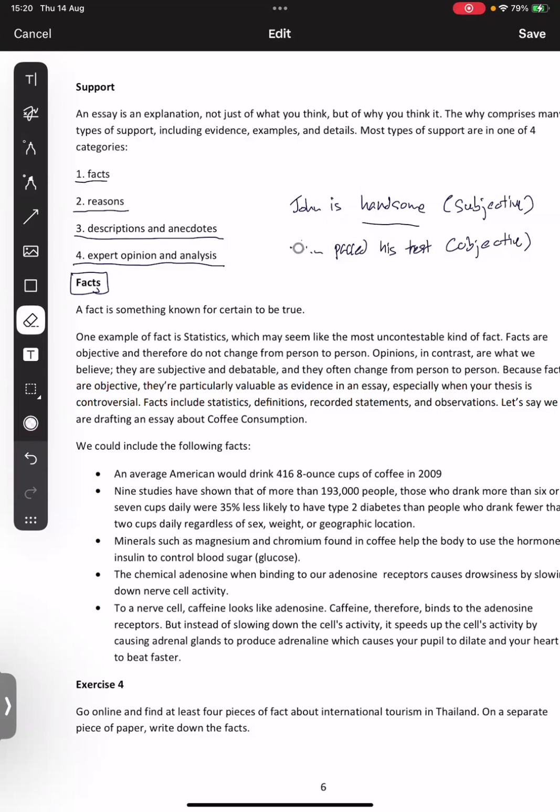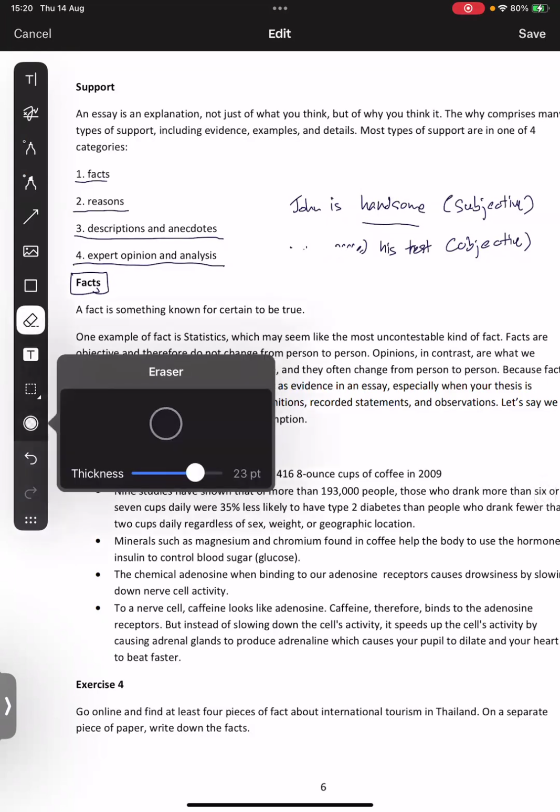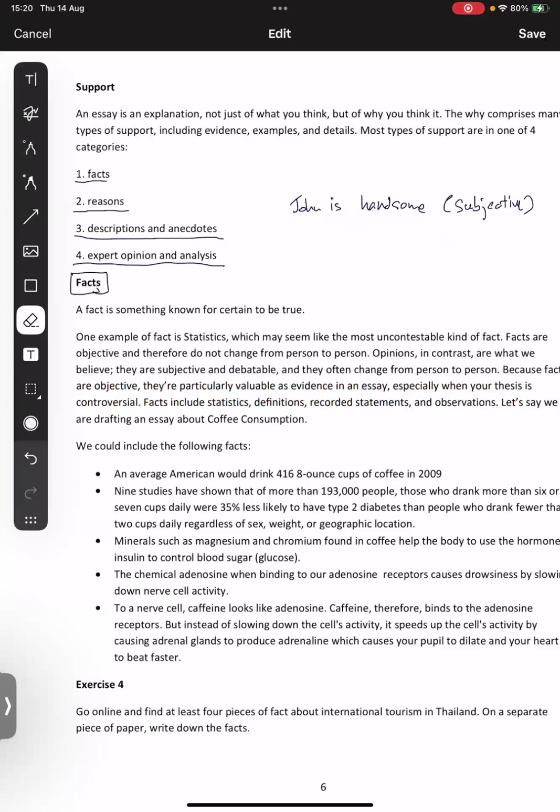So a subjective statement is also arbitrary. It really depends on people's opinion. So John is handsome, definitely subjective. What about John is tall? Again, I think this is subjective, unless we have some sort of rules to decide how do we judge if somebody is tall, right?